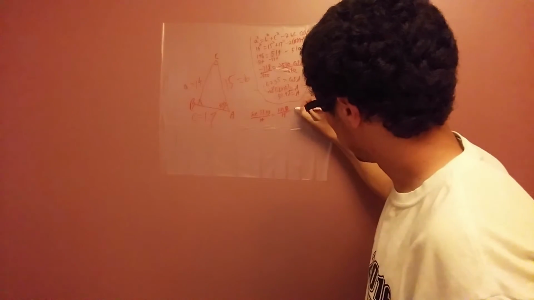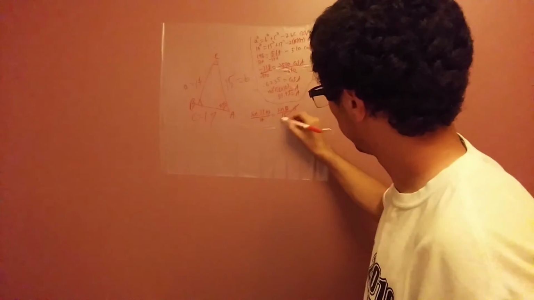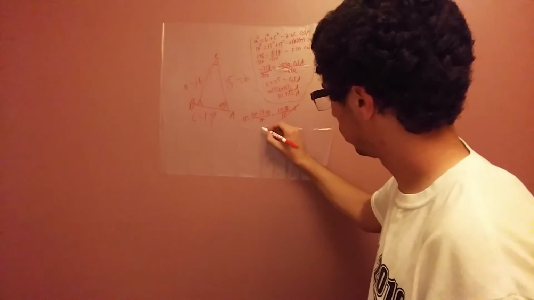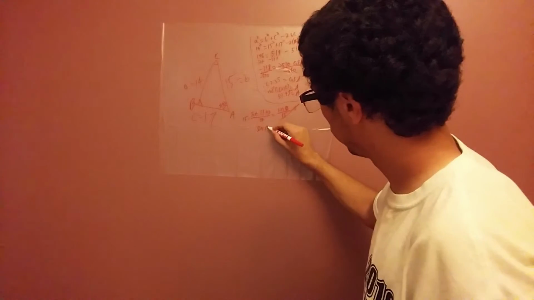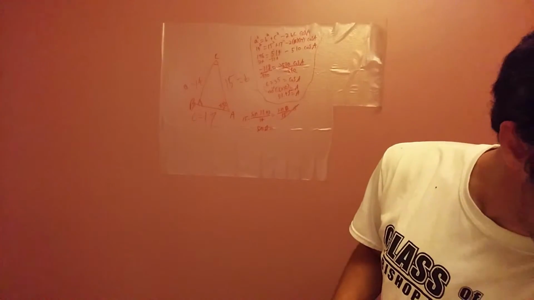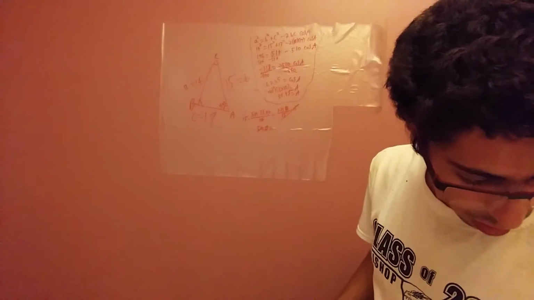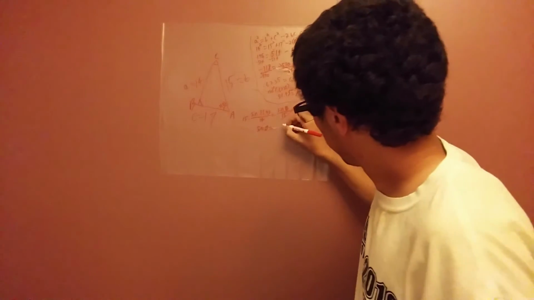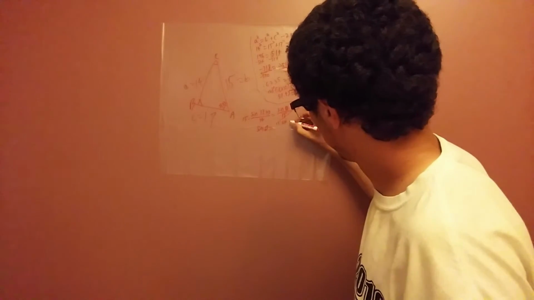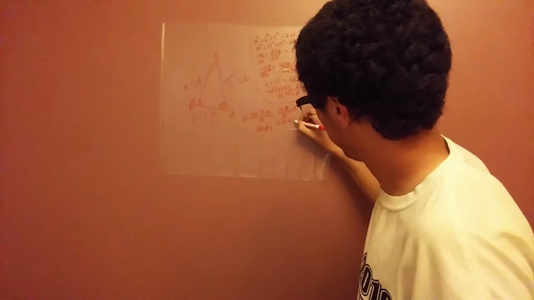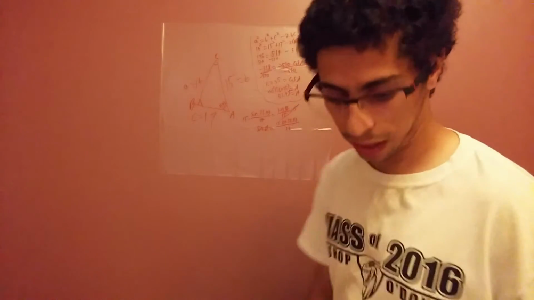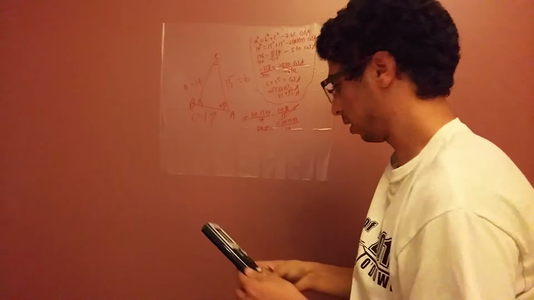You do times 15, then that cancels, so sine B equals 15 sine 51.43 divided by 14. And you can plug that into your trusty calculator.